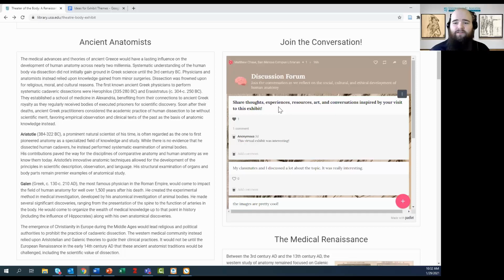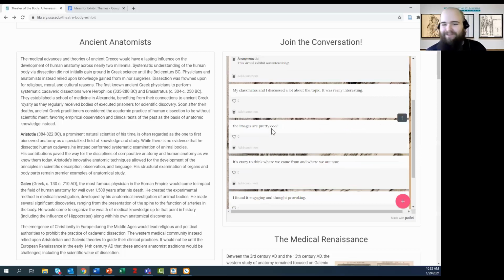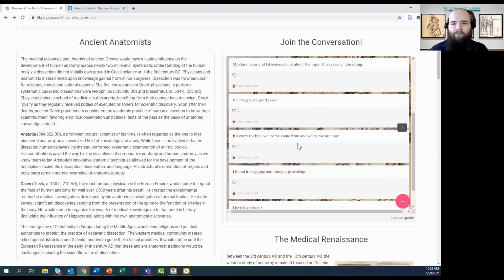Over the last 6 months, some students happened to find this digital exhibit and had some discussions about it. One said my classmates and I discussed a lot about the topic and found it interesting. Others said that the images were pretty cool, which is great. And others said it's crazy to think where we came from and where we are now.